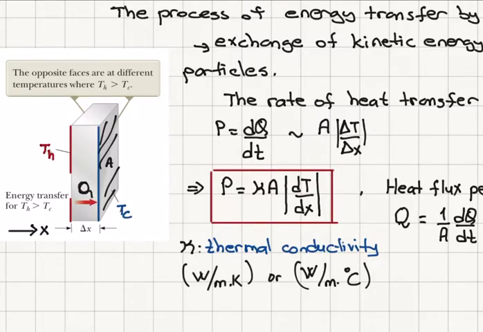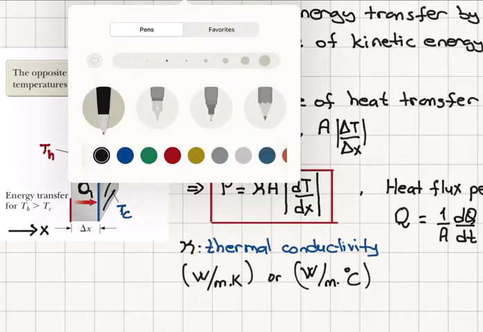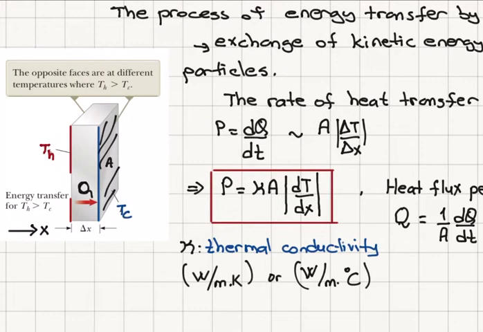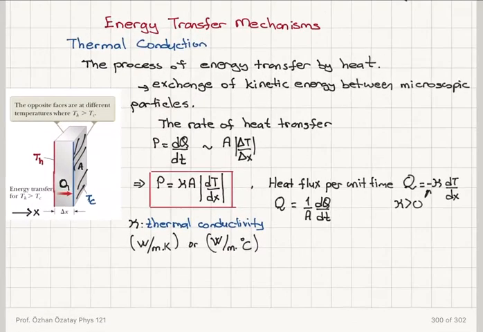So this is Q, the heat flow. All right, and for this case, the power, the rate of energy flow, is kappa times area times the absolute value of dT/dx.